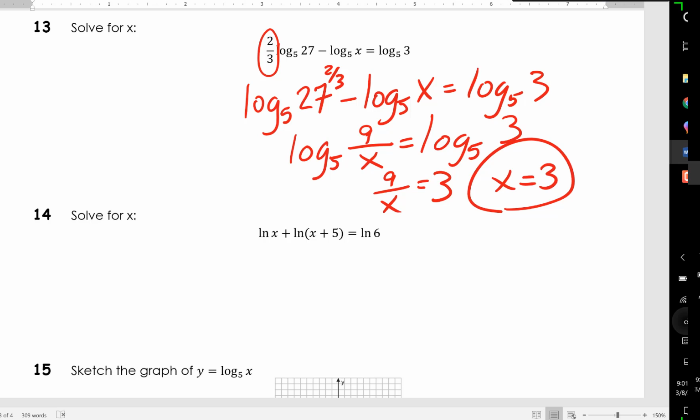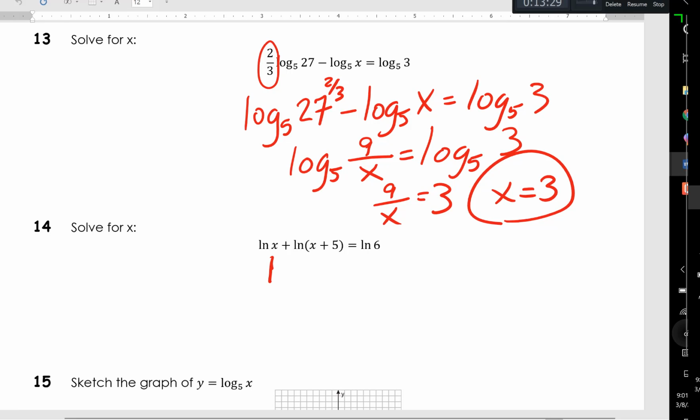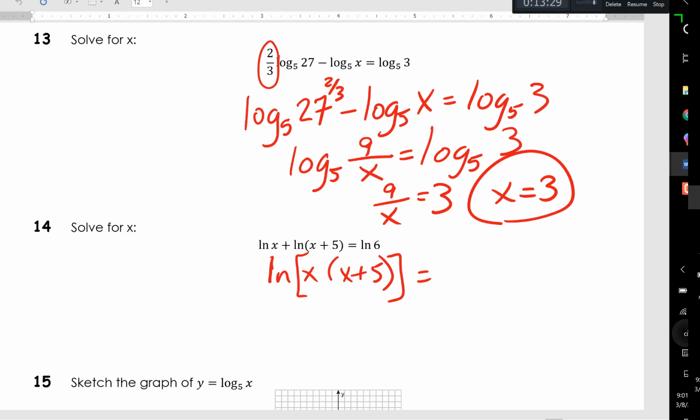You're going to realize that when you add 2 logs, you can multiply the arguments. So natural log of x plus natural log of x plus 5 is going to equal the natural log of x times x plus 5. And that's supposed to equal natural log of 6.